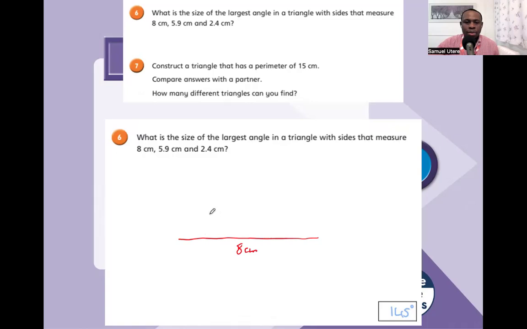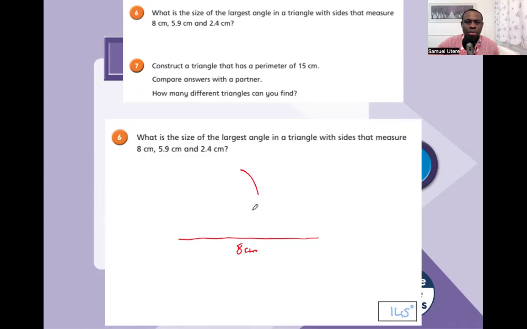Then you would open your compass to be 5.9 centimeter, and then you draw your arc. That is going to go a little bit further than half this line, so the arc will be somewhere here. And then you open your compass to be 2.4 centimeter and draw your arc.